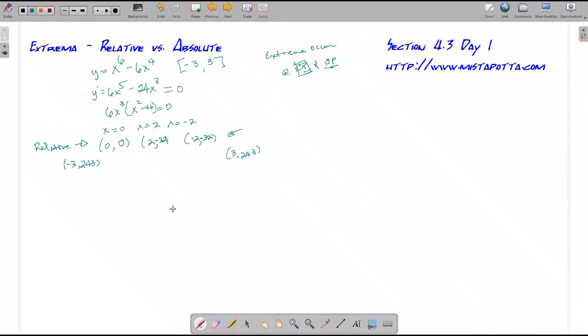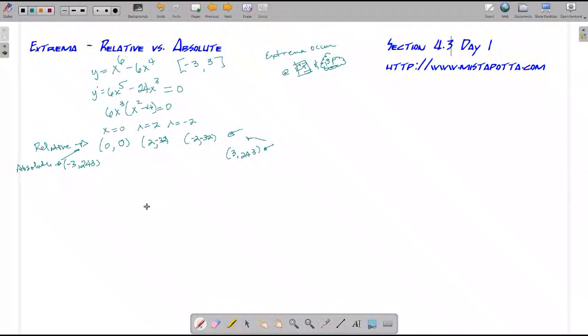But if I'm looking for an absolute extrema, now I can include these boundary points. And so my absolute extrema can include these points and these points. So I'm including all 5 of these points that I have listed.